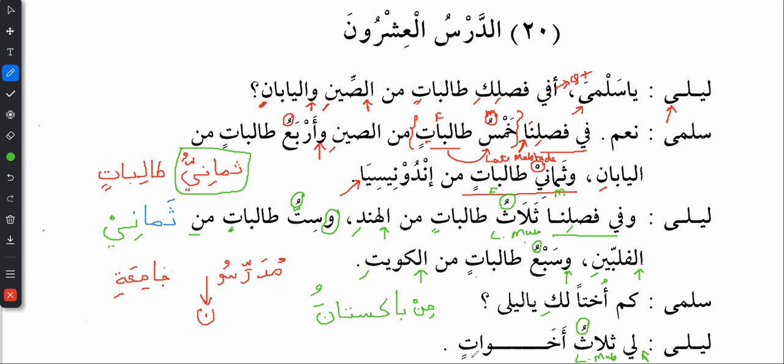Now pay attention to the spelling. Akhawatin, alif and ta. So this is the sound feminine plural of ukht. Why I'm stressing this right now is because at the end of the lesson there is also the plural of brothers and they all look similar together. So let's move forward.